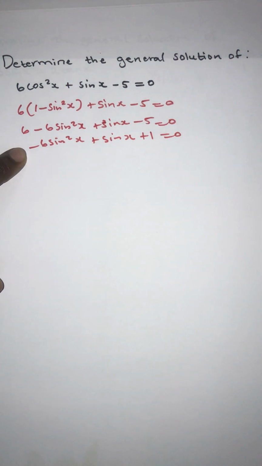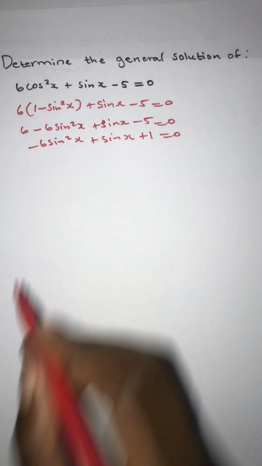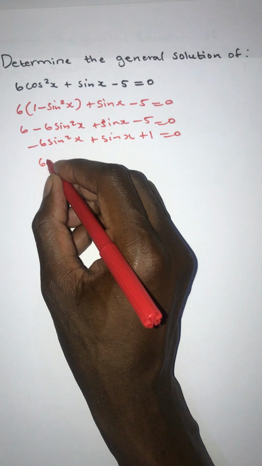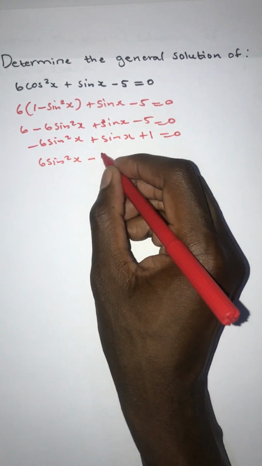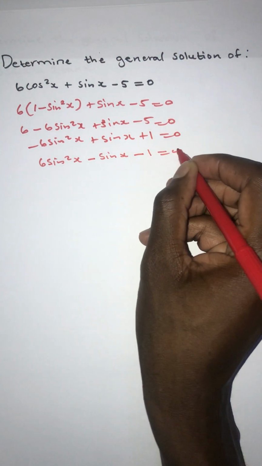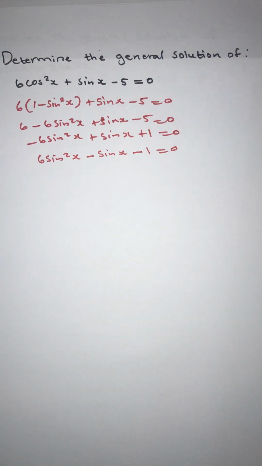So we have negative here. Let's divide the whole equation by negative 1. So we're going to have 6 sine squared x minus sine x minus 1 is equal to 0. So now we have the standard quadratic equation.